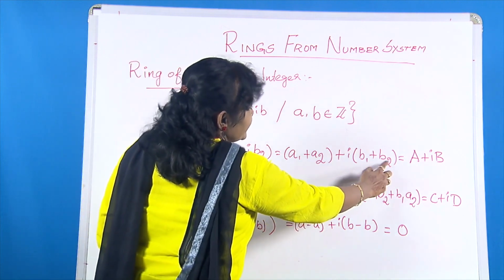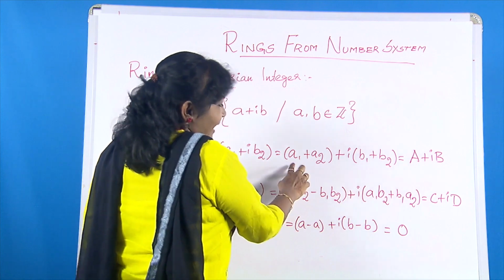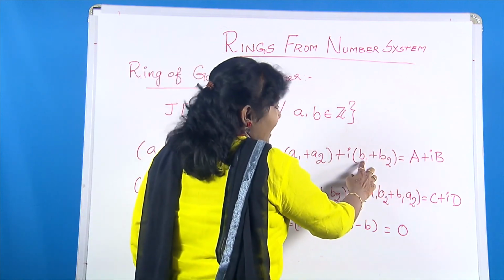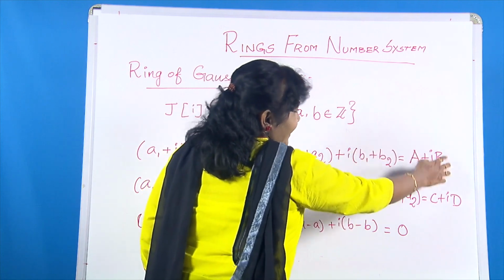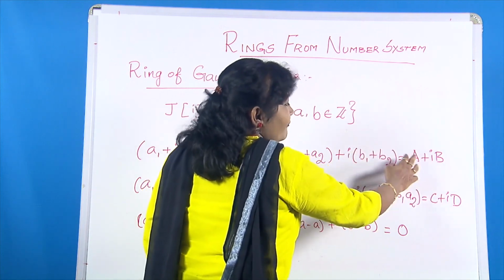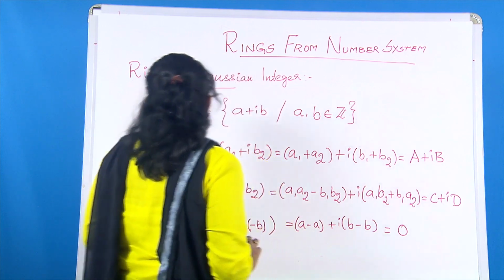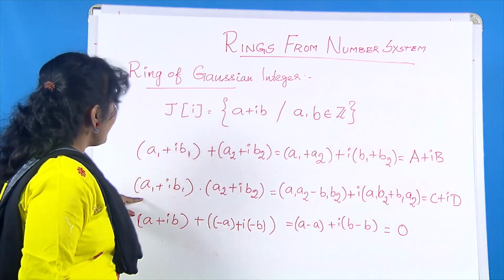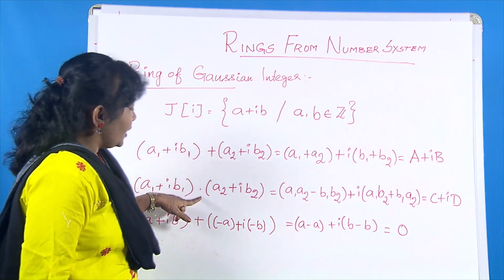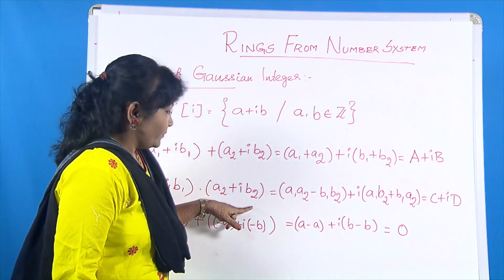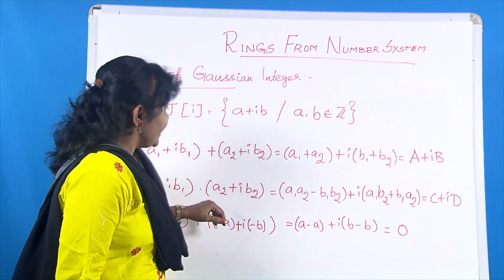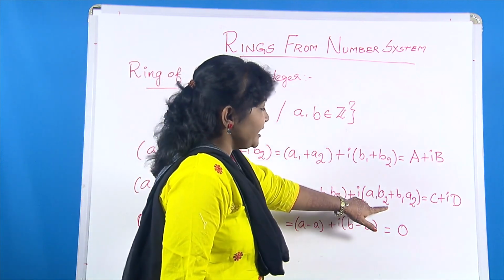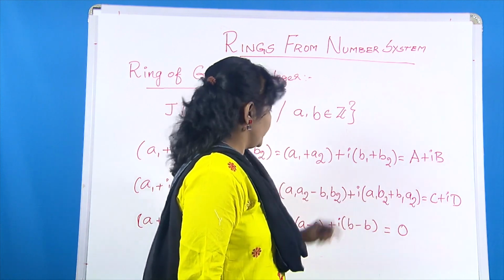Here we are adding two integers, so again we will get an integer, and the result is in the same form of a plus ib. Next, we will check the multiplication property. (a1 plus ib1) dot (a2 plus ib2) is equal to (a1a2 minus b1b2) plus i times (a1b2 plus b1a2).